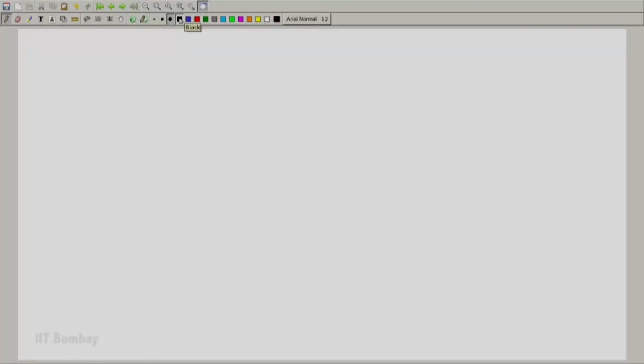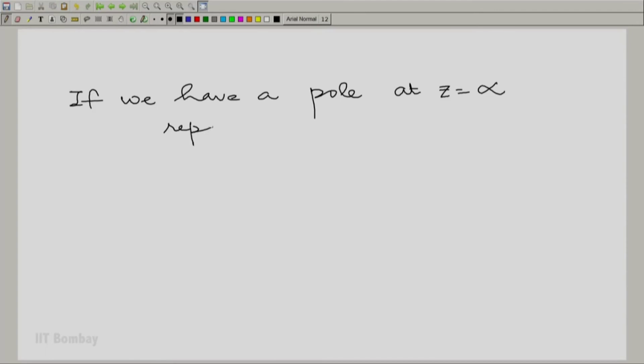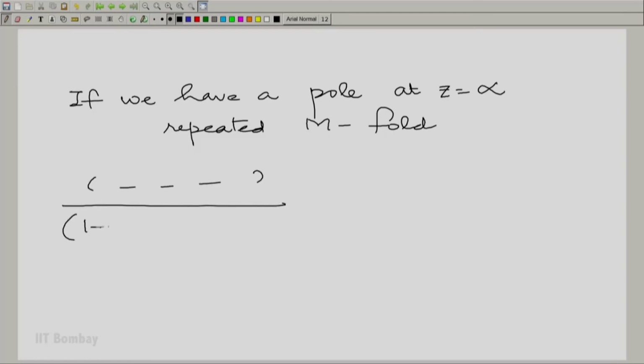So, what it means is that if I have a factor of say 1 minus alpha z inverse, let us write that down. If we have a pole at z equal to alpha repeated m fold, that means there are things in the numerator and there is a factor of 1 minus alpha z inverse to the power m in the denominator.